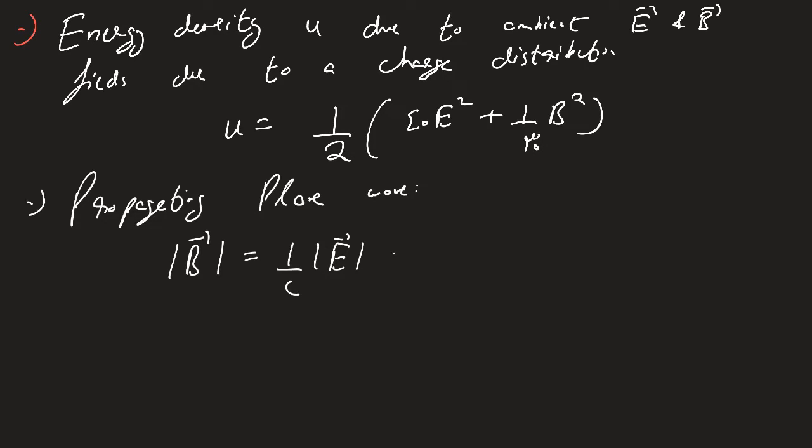We've done this, which means that the square of the B field would be equal to 1 over C squared times the square of the electric field.